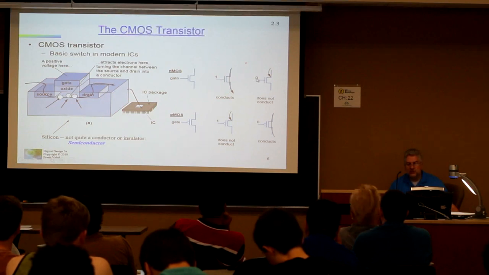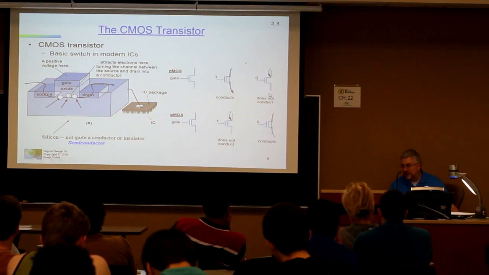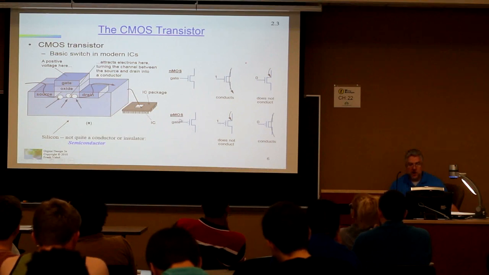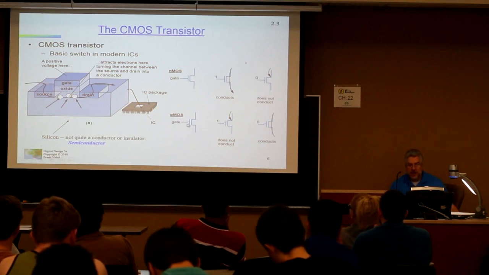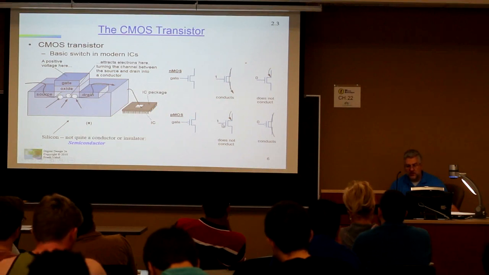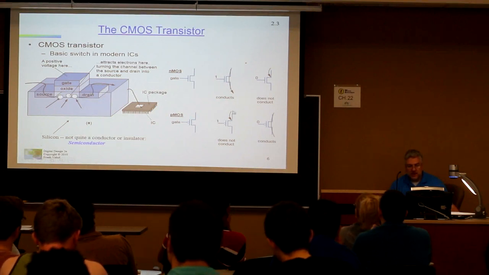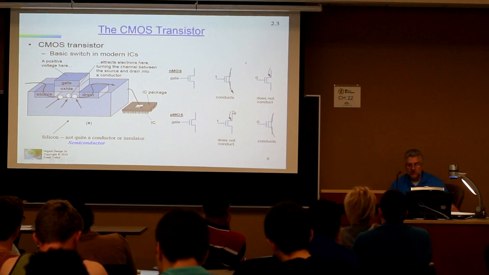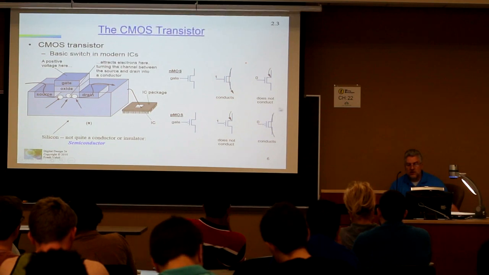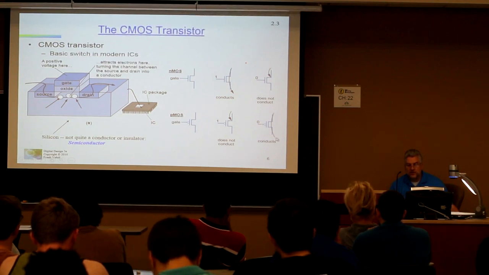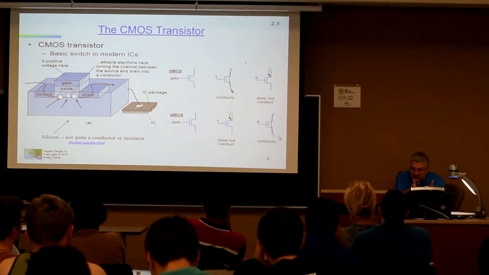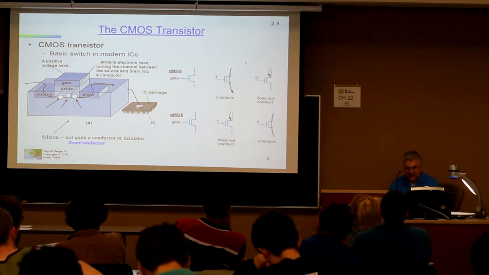And when you put a logical 0, then it doesn't allow current to pass through. In the PMOS, it works the opposite way. If you give this gate a logic 1, then no current will flow from the source to the drain. But if you give it a 0, then current will flow from the source to the drain.